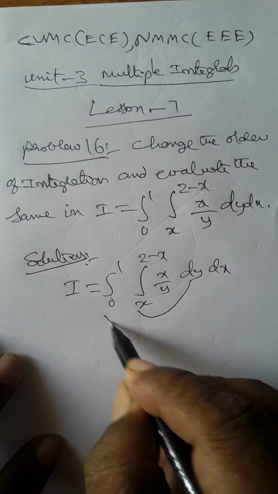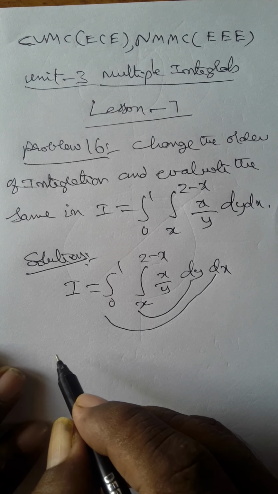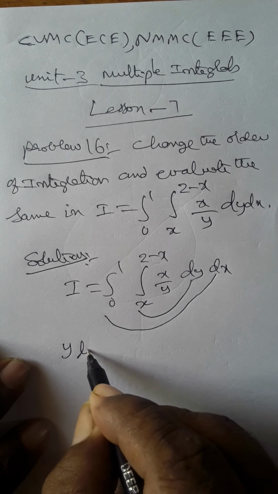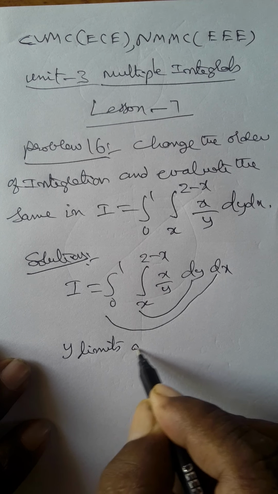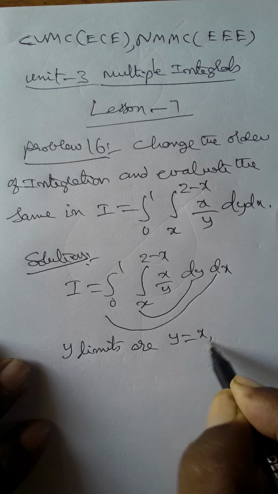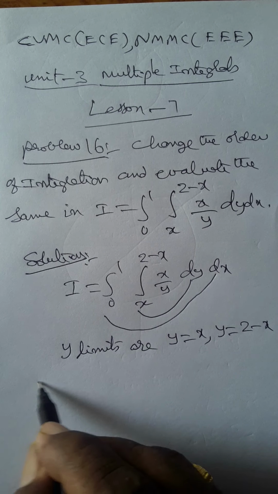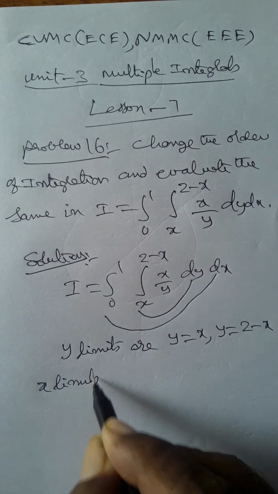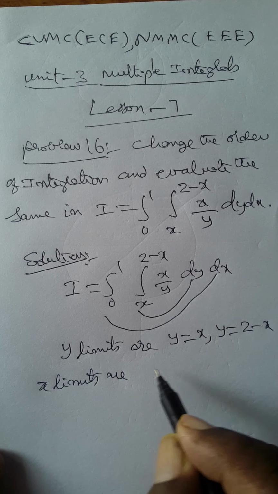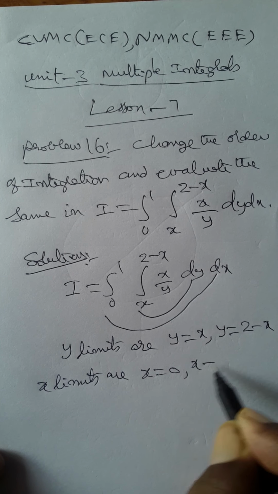These are y limits, these are x limits. Y limits are y is equal to x, y is equal to 2 minus x. X limits are x is equal to 0, x is equal to 1.